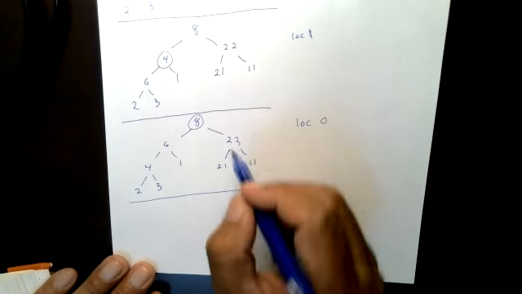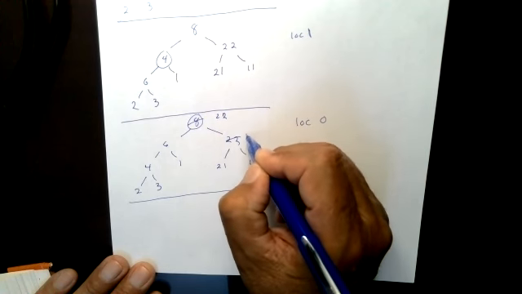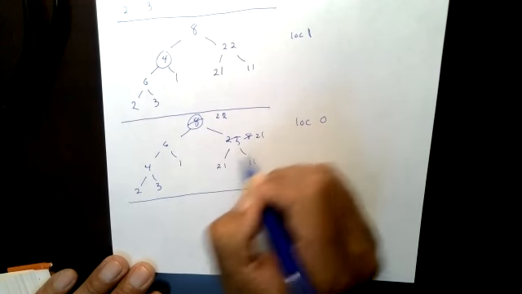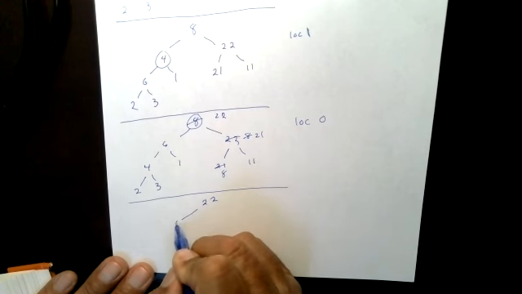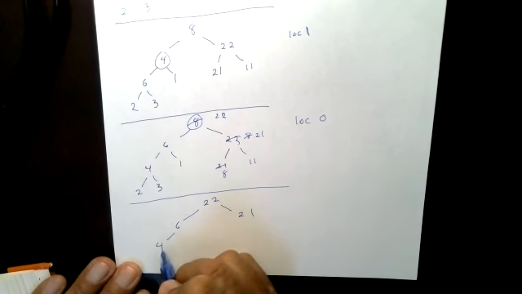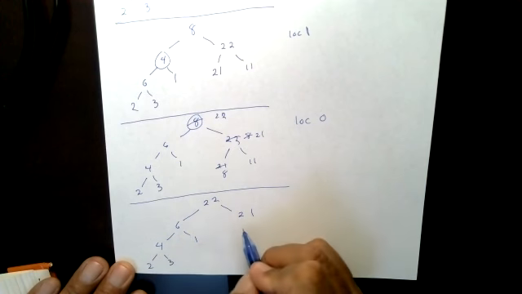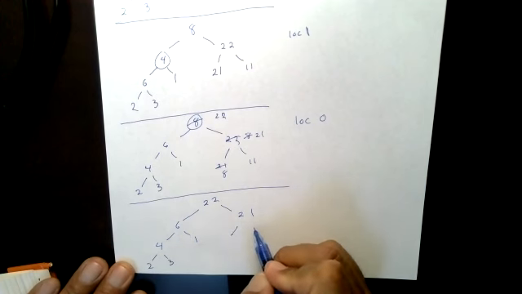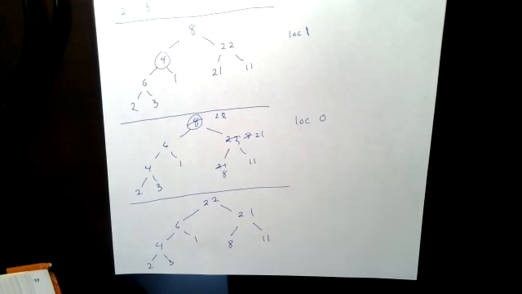Is it smaller? Yeah. So this is going to become 22. This is going to become 8. This is going to become 21. That's going to become 8. 22, 6, 21, 4, 1, 2, 3, 8, and 11. I got my heap.